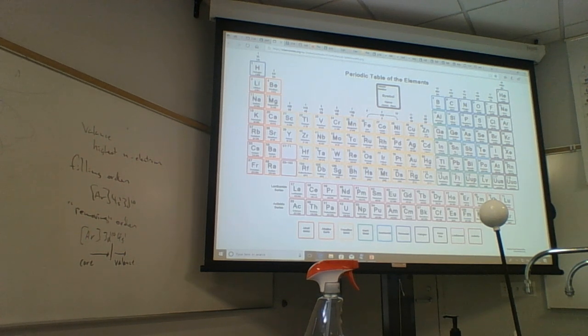So iron, if it loses the 2 valence electrons, it's going to be iron +2. If it loses one of the d electrons, it will become iron +3. If it loses one of the d electrons, then what are we left with? We're left with a half-filled d subshell, which has got some additional stability.